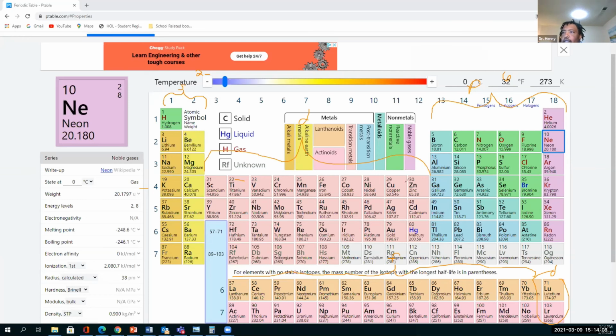How many do we have in the D? 10. And the F subshell can only hold 14 electrons. How many do we have in the F? Now remember, this one is a part of the D. 14.